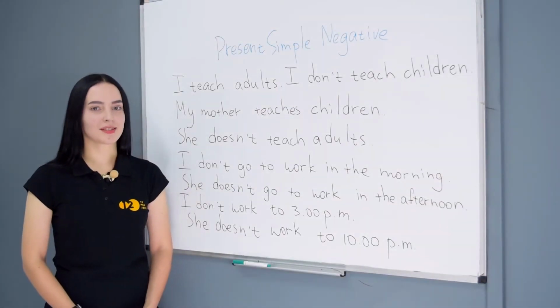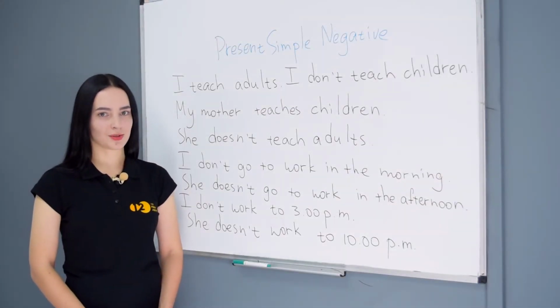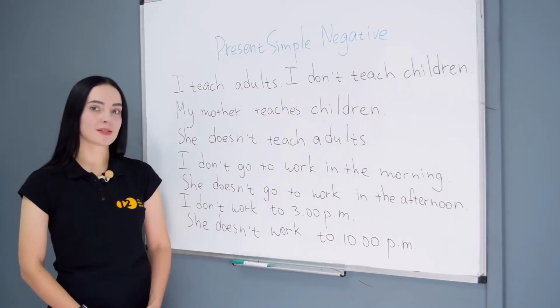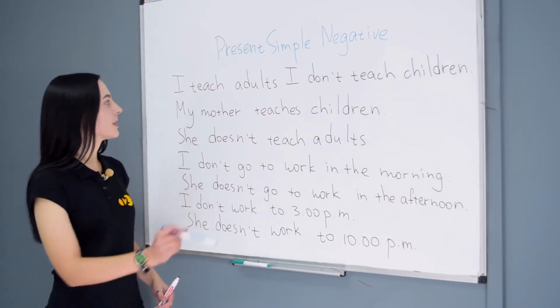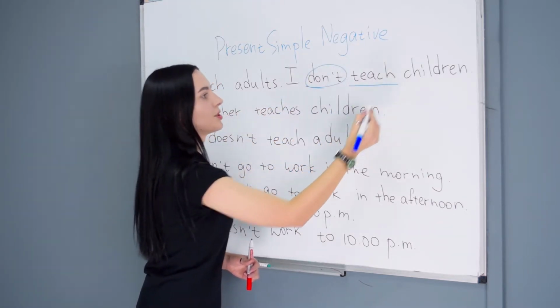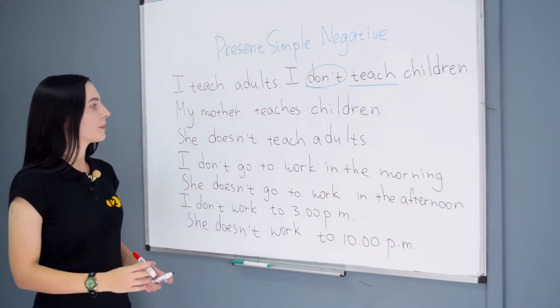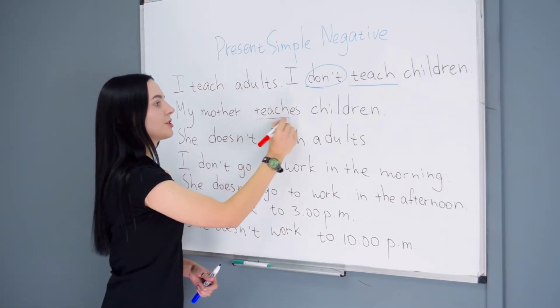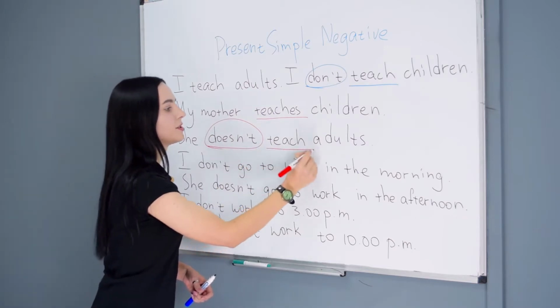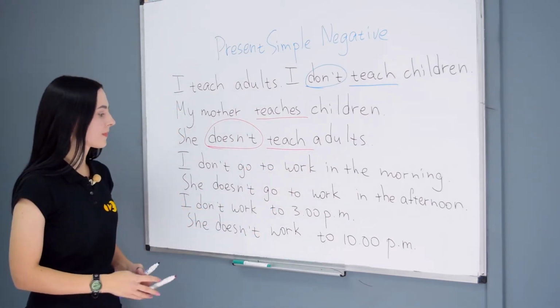So, I teach adults. I don't teach children. My mother teaches children. She doesn't teach adults. My mother teaches children, but she doesn't teach adults.